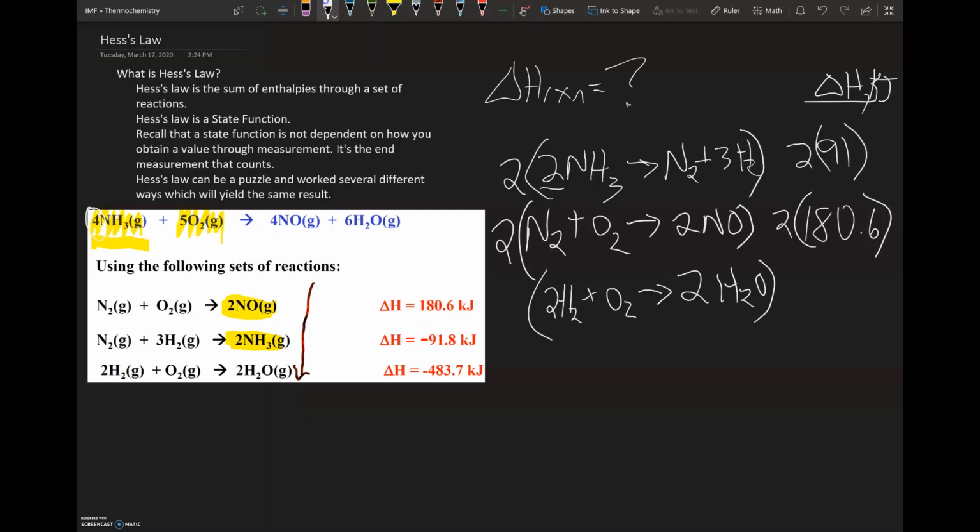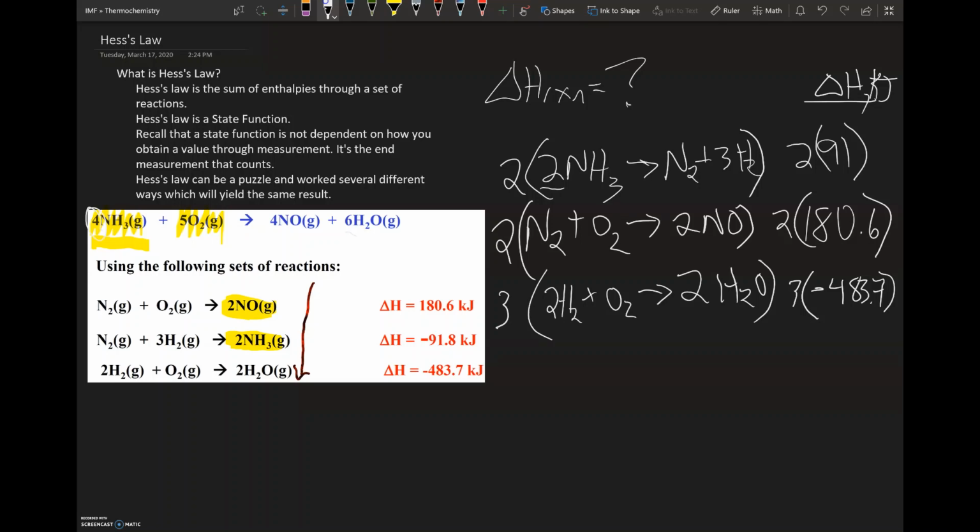Going back to the equation, we see that there are 6 waters, but in step 3 there's only 2 waters. So we're going to multiply that by 3, and carry that over. We didn't flip anything, so it stays negative 483.7. So that's pretty much all the steps.